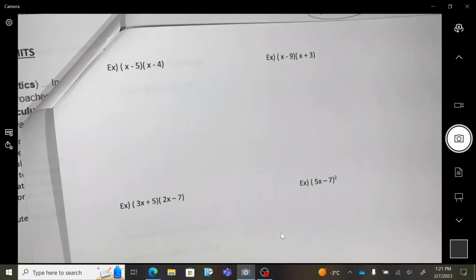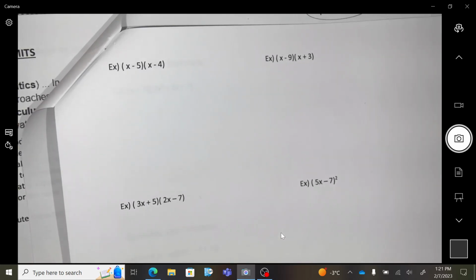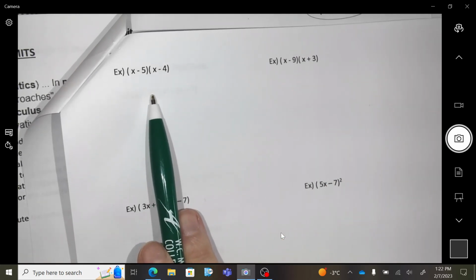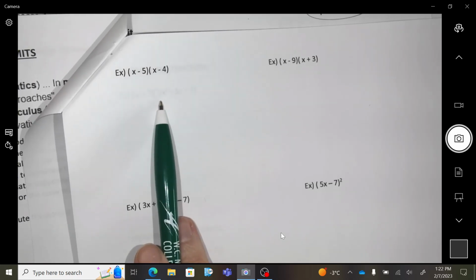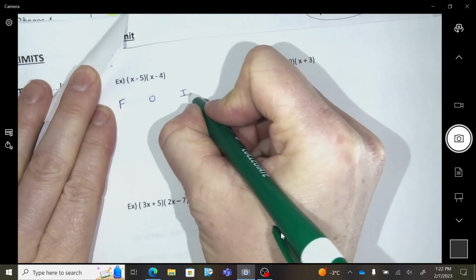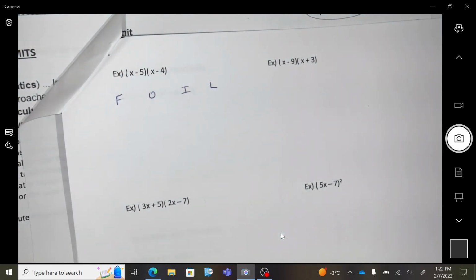How many did I put on here? Let's try one more. Maybe we can skip that one. Let's try one more. Try this one. Same process. Give me your 4 components. Multiply the first of each bracket.